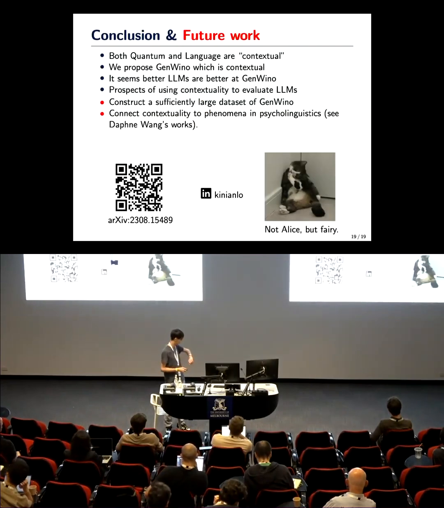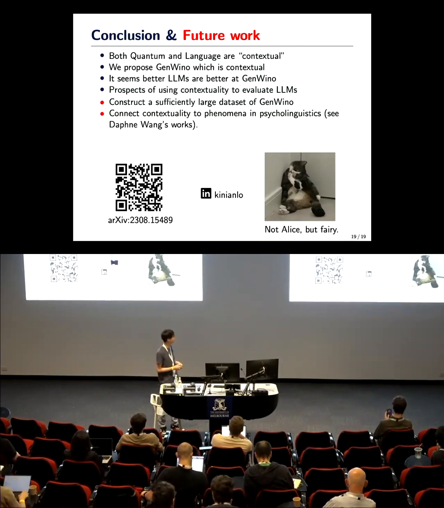Right. So, conclusion, both quantum and language exhibit some kind of contextuality in their own sense. And we propose the generalized Winograd schema challenge, which by design is contextual, and in fact quantum-like contextual.